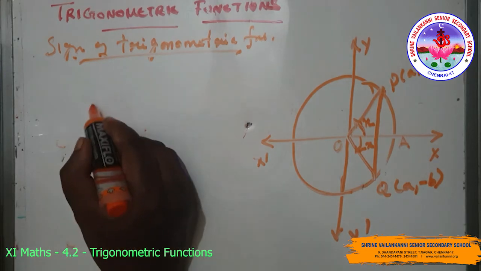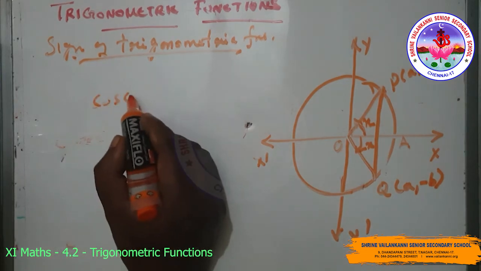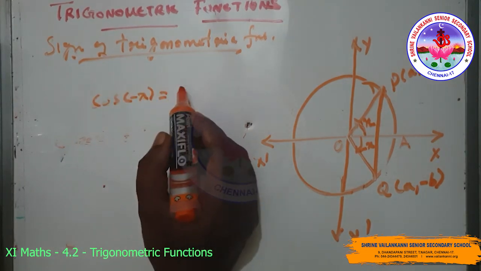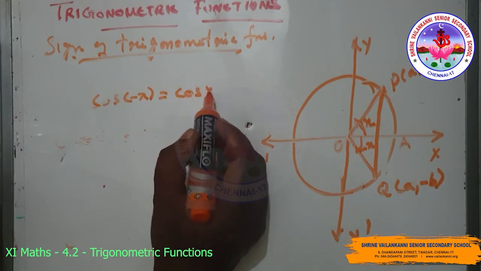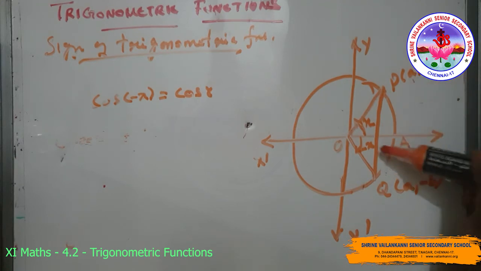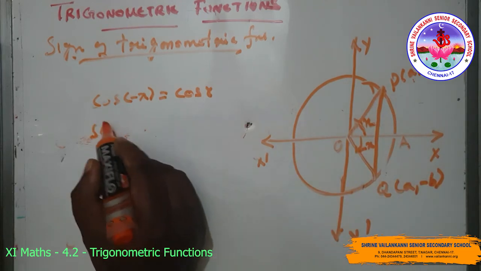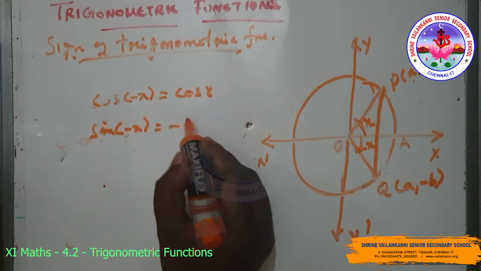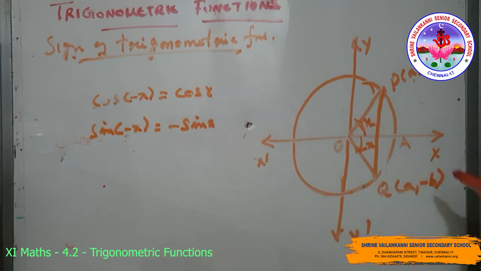Therefore cos of minus x is cos x. Here the coordinates are cos x and sin x. So cos of minus x is cos x, and sin of minus x is minus sin x.